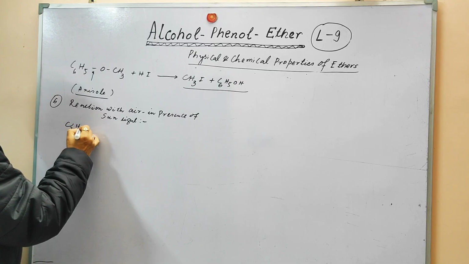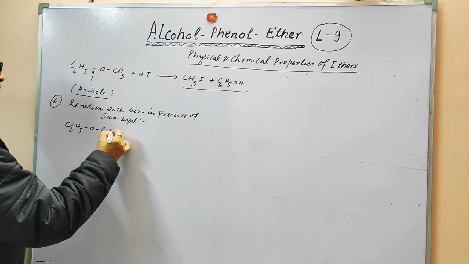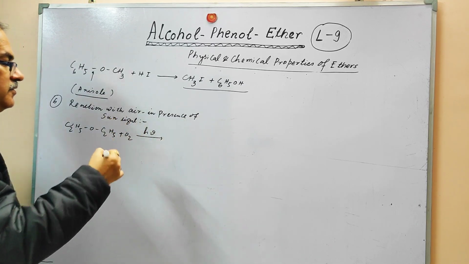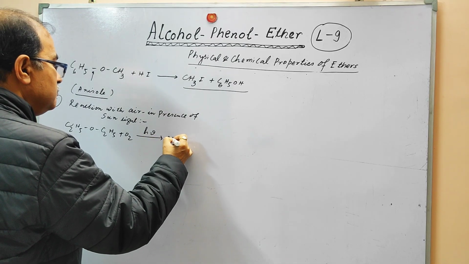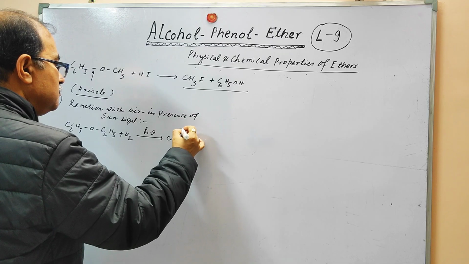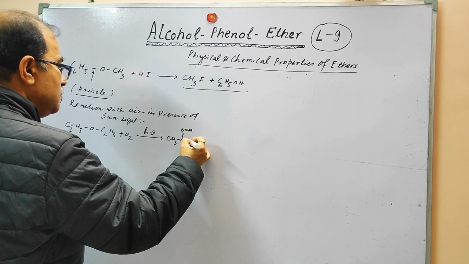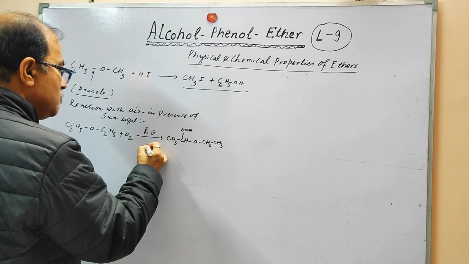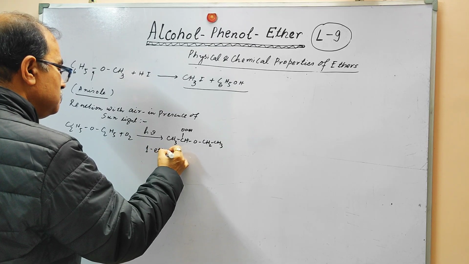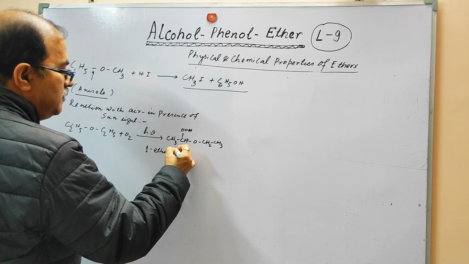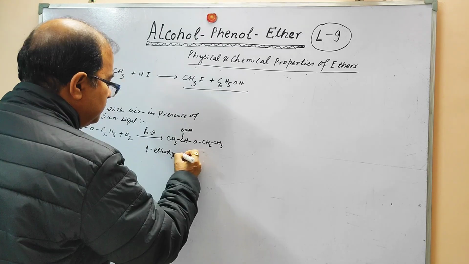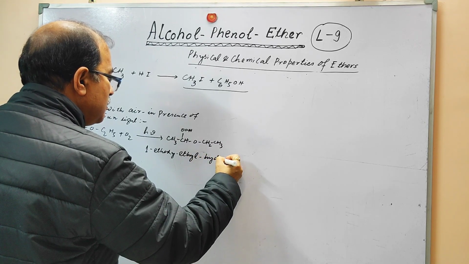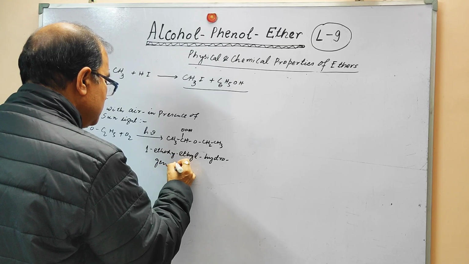Suppose we are taking diethyl ether, and with oxygen in presence of h nu, that is the sunlight, it is going to produce 1-ethoxyethyl hydroperoxide.